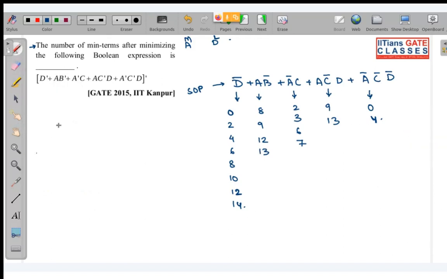So you can see, is 0, 1 present anywhere? No, 1 is not present. So 0, 2, 3, yes, it is present. 4 is present. 5, is it present any place? So 5 is not present any place.